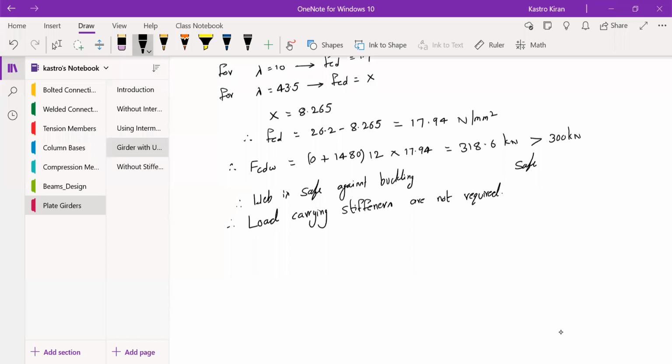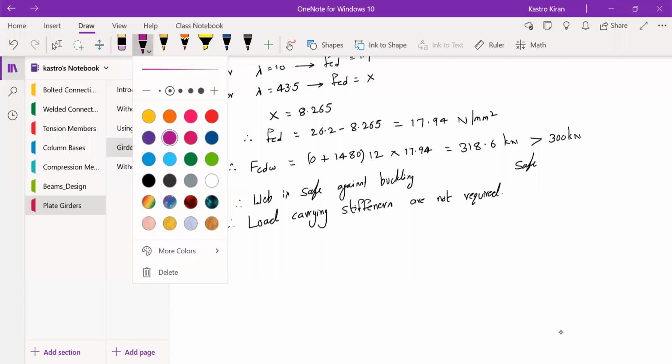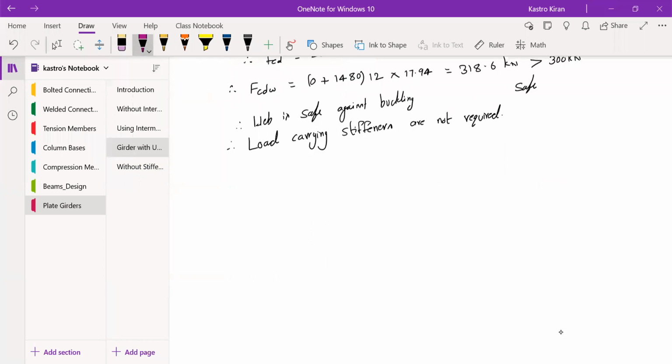Okay. Now, the 11th step, which is the design of load bearing stiffeners. There is a difference between load carrying stiffeners and load bearing stiffeners. I'll let you know where you are going to provide the load bearing stiffeners.